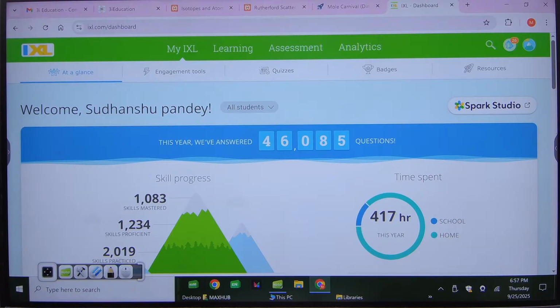So you are in a WhatsApp group, right? Yeah. I am just putting the user ID and the password. You don't need to say anything, just look at it and type it. Log in with your IXL account. The first one is the user ID.